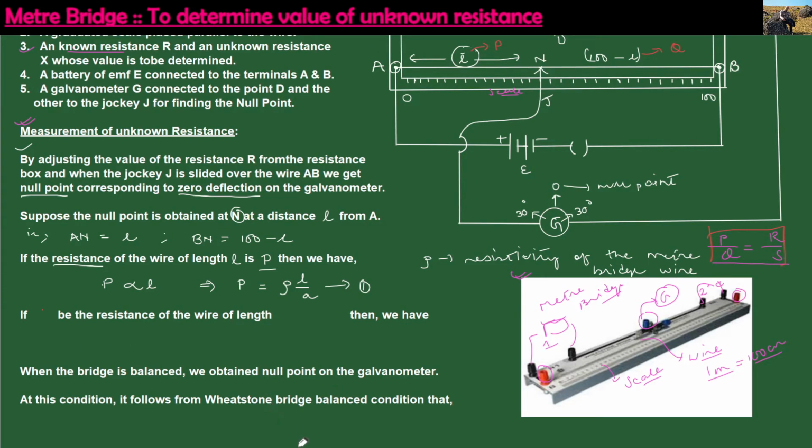Let this Q be the resistance of the wire of length 100 minus L. Then what do we have? Using that same analogy, Q will be proportional to 100 minus L, which implies that Q will be equal to rho times (100 minus L), since the length is 100 minus L, divided by the area of cross section.